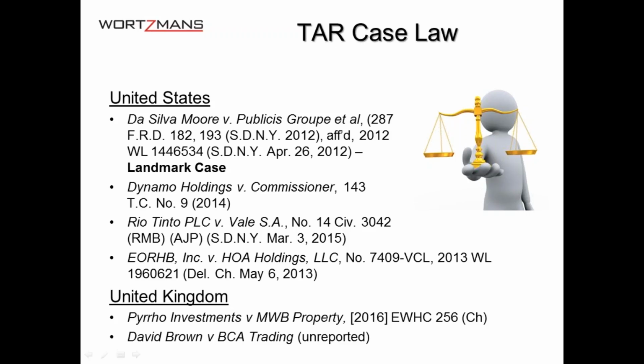From there a series of cases followed, but that court really said predictive coding can now be considered judicially approved for use in appropriate cases. It wasn't saying it's right for every case, but in the right case it would work. Following that, another significant case was Dynamo Holdings, in which the IRS commissioner sought to compel production of the contents of backup tapes that contain several million records.